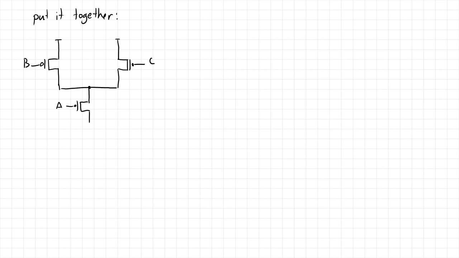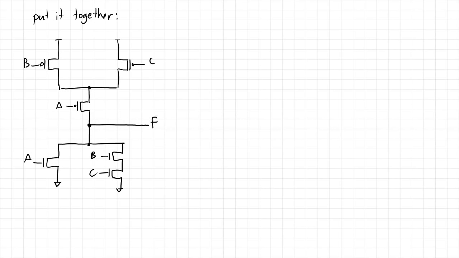It really doesn't matter. They're just in parallel. Logically, it's effectively the same thing. And then we go down to our pull-down network where we have our NMOS A over here, and then B and C are in series, B and C. And then the output here is F.